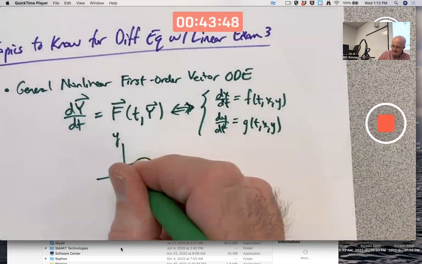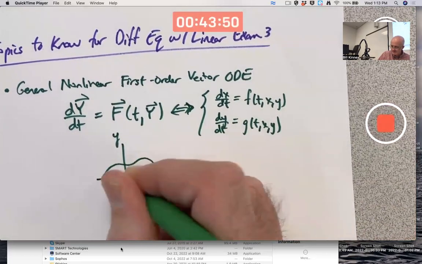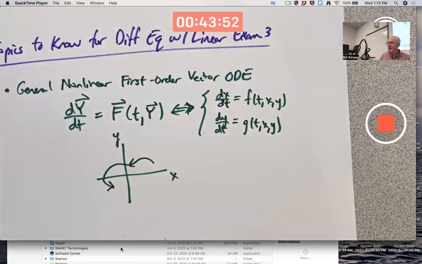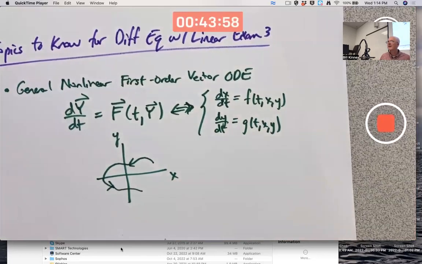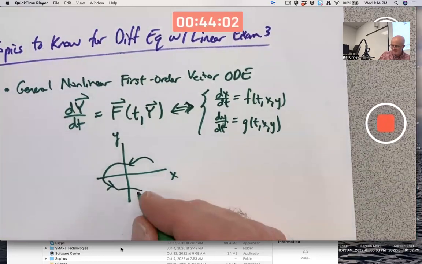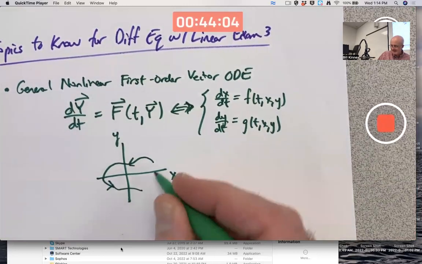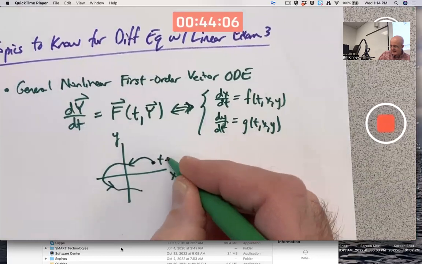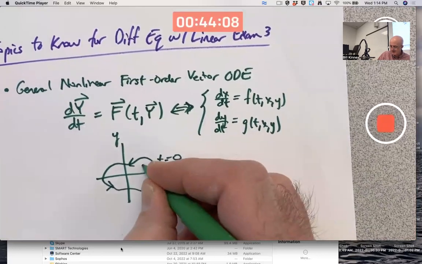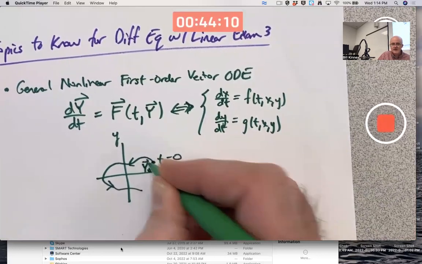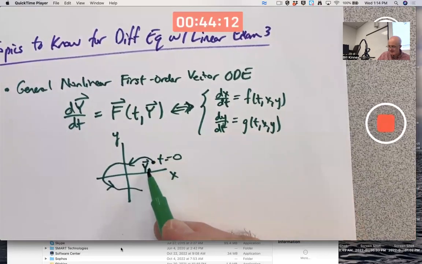Solutions are parametric curves that travel around the phase plane as t increases. In theory, they could do something wild. Maybe you're here when t is 0, so that's your initial condition vector, capital Y sub 0.